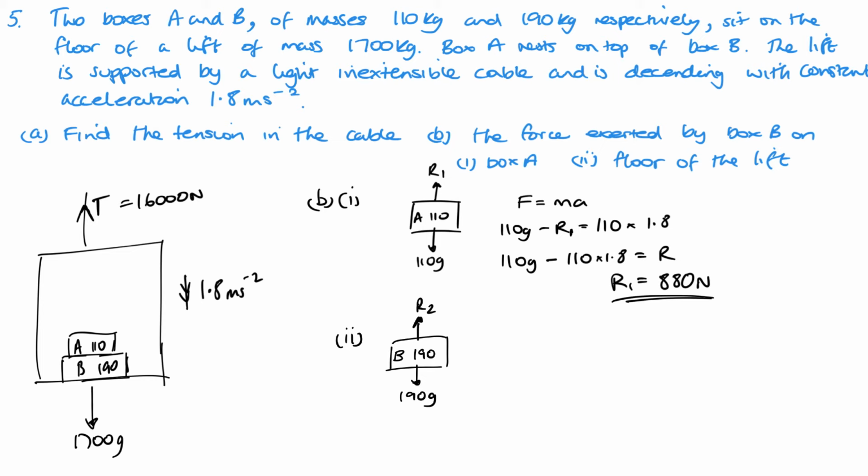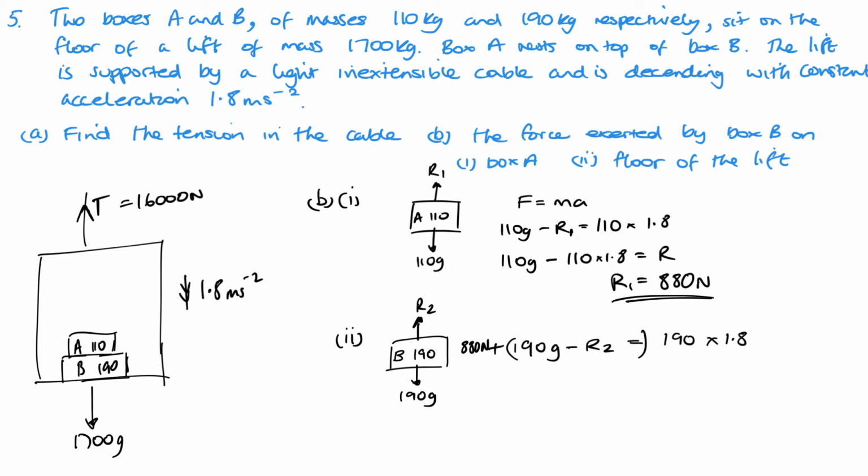So in this case, we'd have 190g minus R2 equals 190 times 1.8. However, there is also an additional force on that, isn't it? The one from the first part, the 880 newtons. So that's also acting down from B onto the lift floor, if that makes sense.